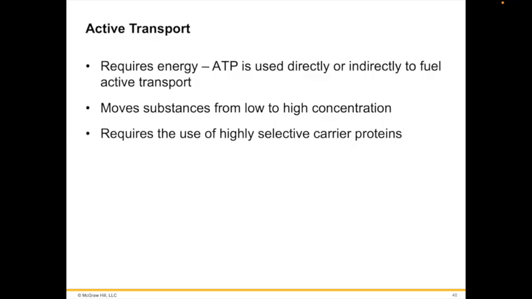Like facilitated diffusion, active transport involves highly selective protein carriers within the membrane that bind to the transported substance, which could be an ion or a simple molecule such as a sugar, an amino acid, or even a nucleotide.